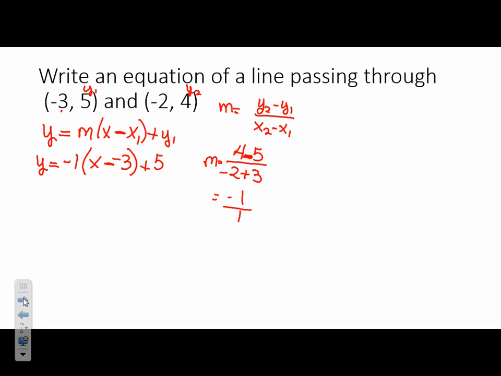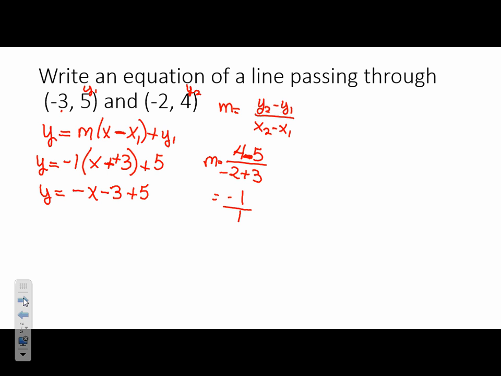Have to find the slope first, yes. Okay, given 2 points, gentlemen, I'm done. Given the 2 points, we find the slope first, and then we pick either point and use that slope to find the equation of the line. Okay, so let's work this then. Y equals, that's going to be positive, but when I take the negative times everybody, I'll get a negative x minus 3 plus 5.